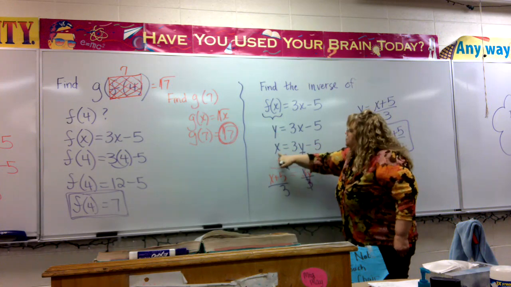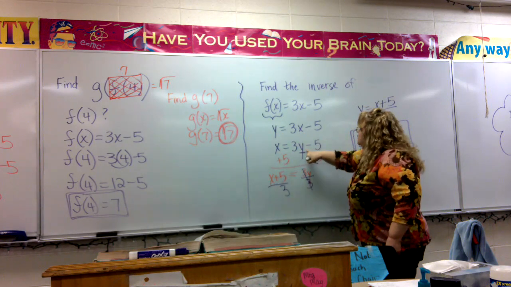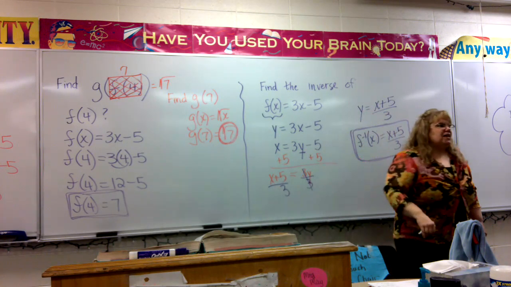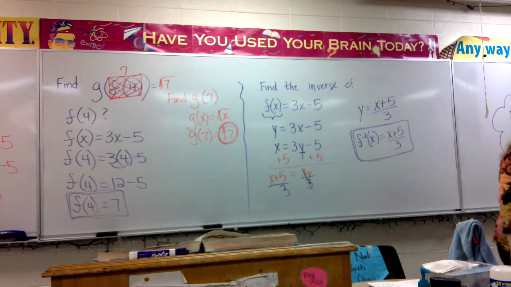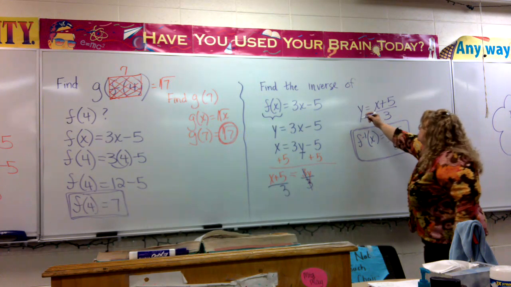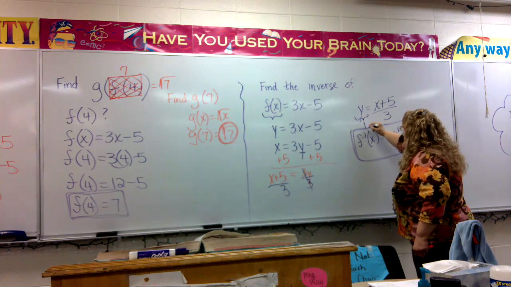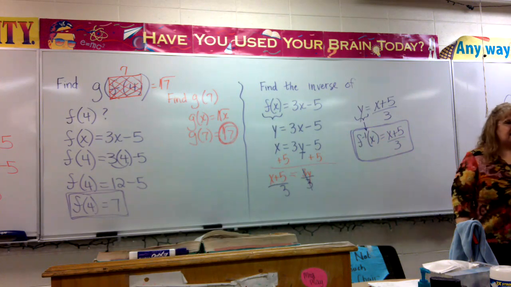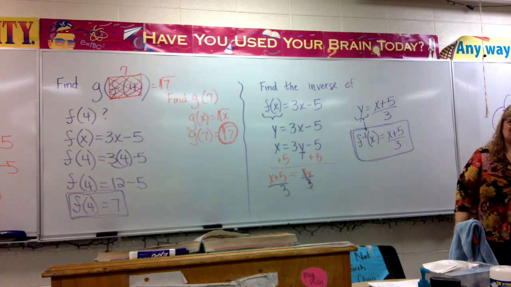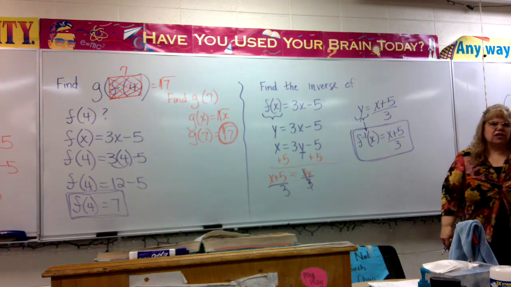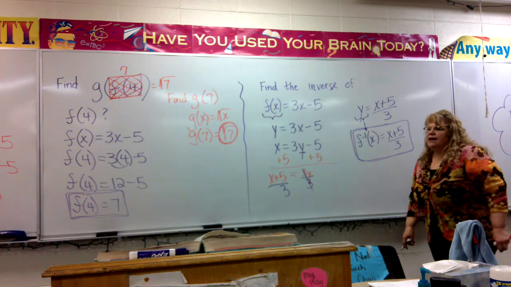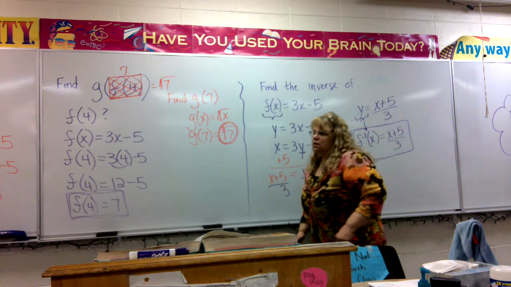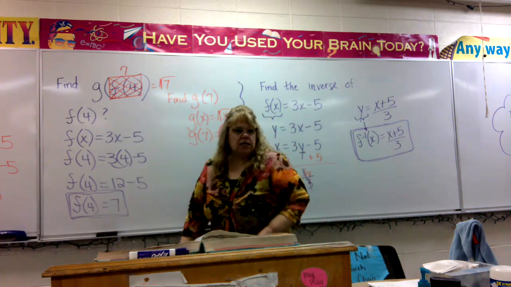Where the y is, you put the x. Where the x is, you put the y. After that, you just solve it for y. That'll be different depending on the equation. Once you get it solved for y, then you take this y out and you put in that f with the little -1 of x. That's the symbol for the inverse of a function. That's all I have to say.